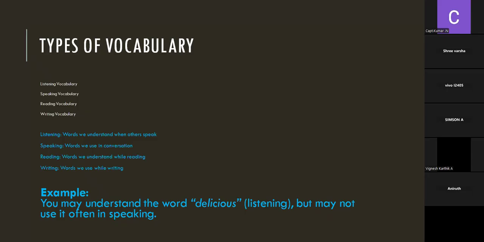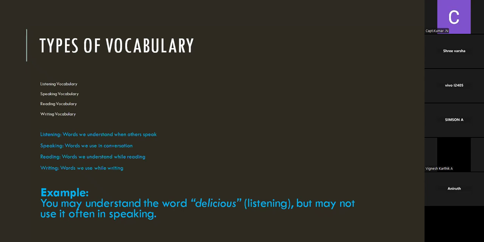Listening vocabulary means words we understand when others talk. Speaking vocabulary includes the words we use while talking. Reading vocabulary is what we understand while reading books or newspapers.